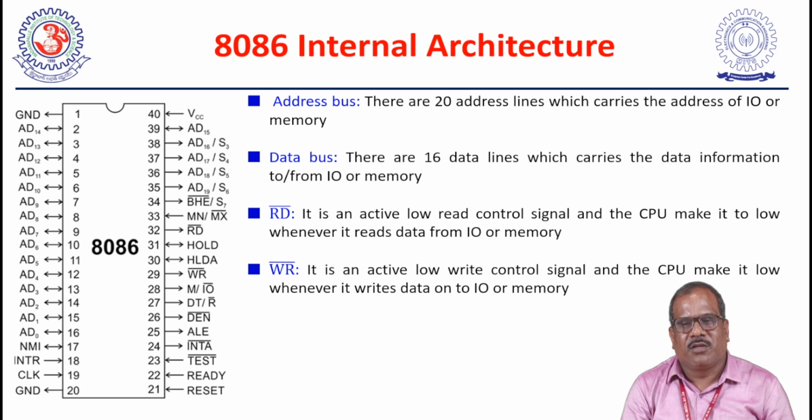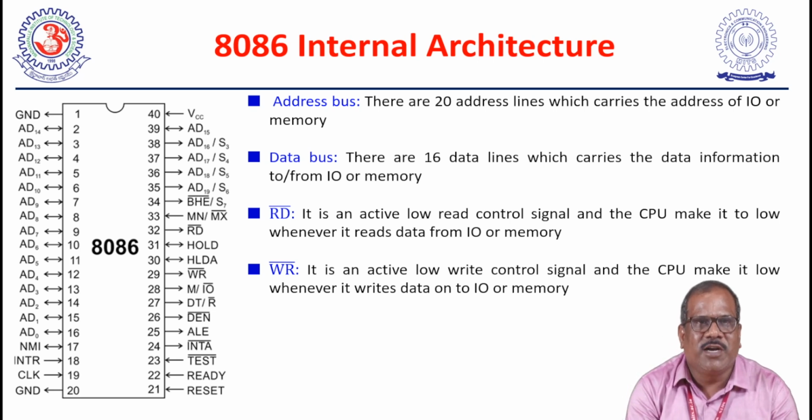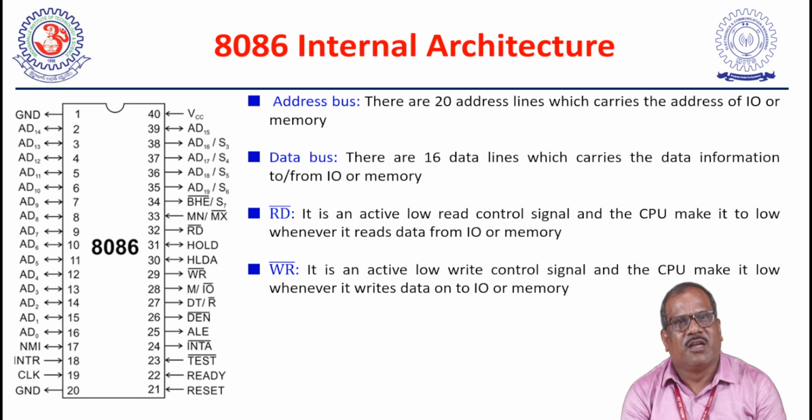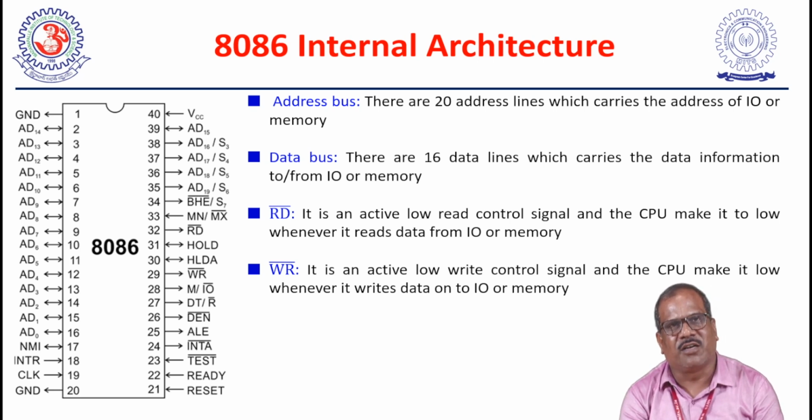So this is the function of the address bus. When the ALE signal is high, the complete 16 lines are used for address purpose. When ALE is 0, the complete 16 lines are used for data purpose. The multiplexed address data lines are used for both address and data functions, but at a time we can use only one function.